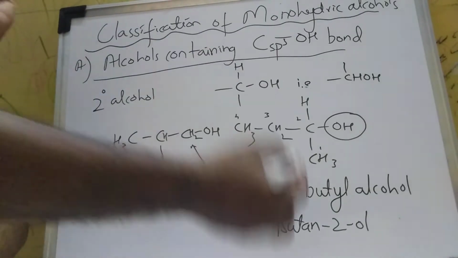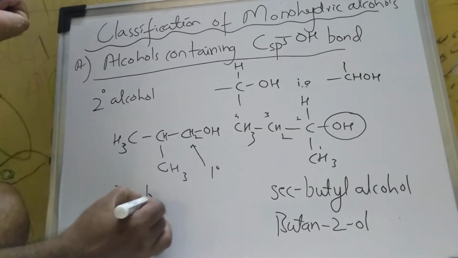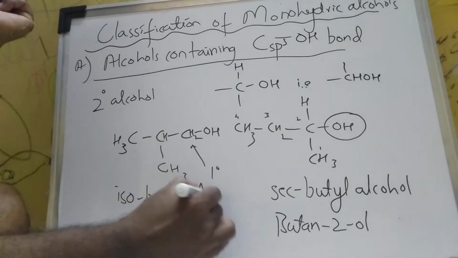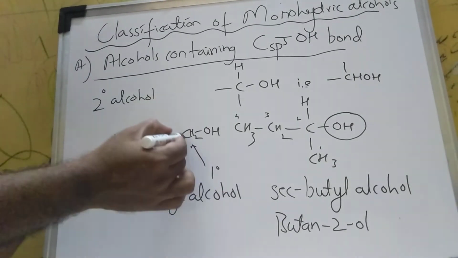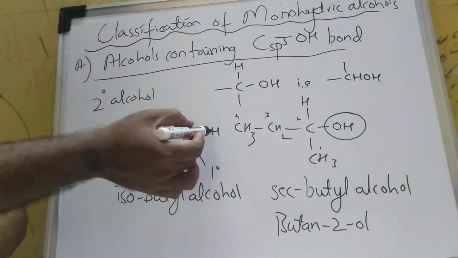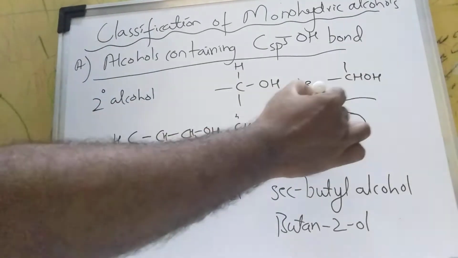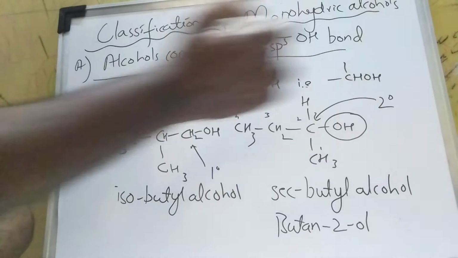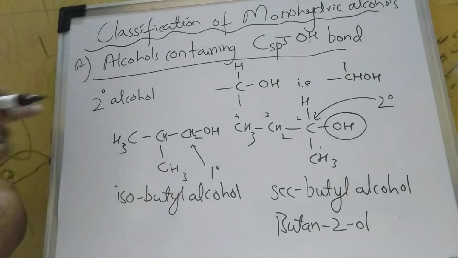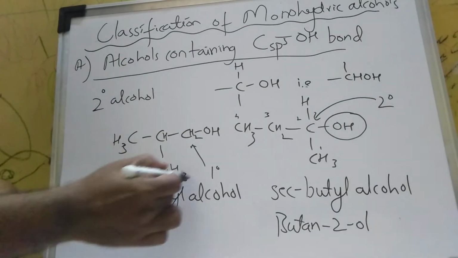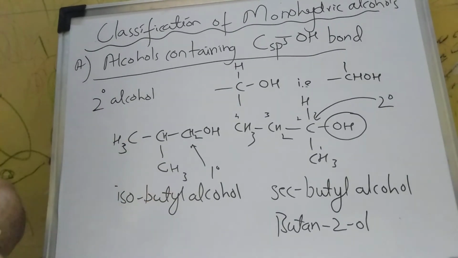So the difference between sec-butyl alcohol and isobutyl alcohol is the OH attached to this carbon with the functional group attached to the carbon. This carbon is primary, whereas in this case this carbon is secondary. The OH is branched over here, whereas in the case of isobutyl the alkyl group or the methyl group, the substituent, is branched. So now we'll go for the IUPAC name of this.